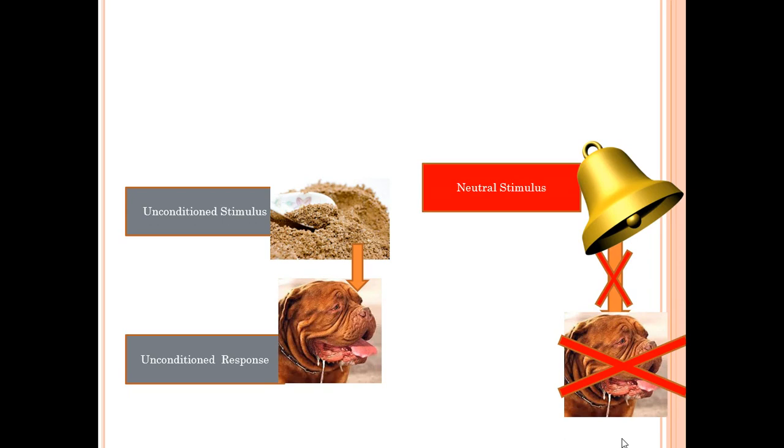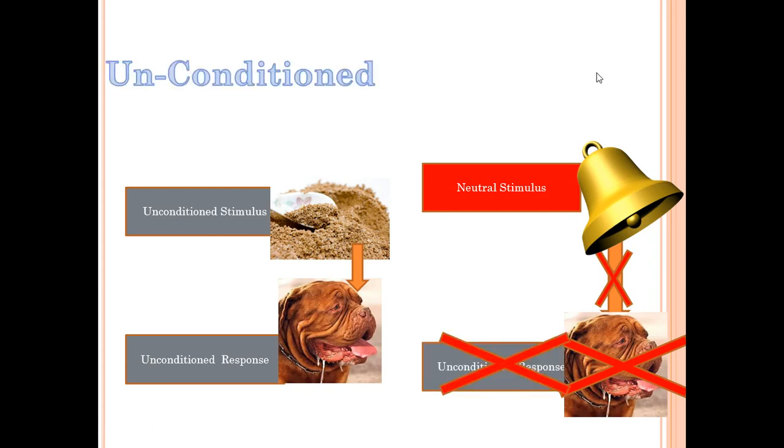It's neutral because it's not giving us the desired response, in this case, salivation. But of course, what classical conditioning can do is that it can make the dog salivate to the sound of the bell, to the neutral stimulus. Now, I want to make sure that I say this. Think of the word unconditioned as not learned.